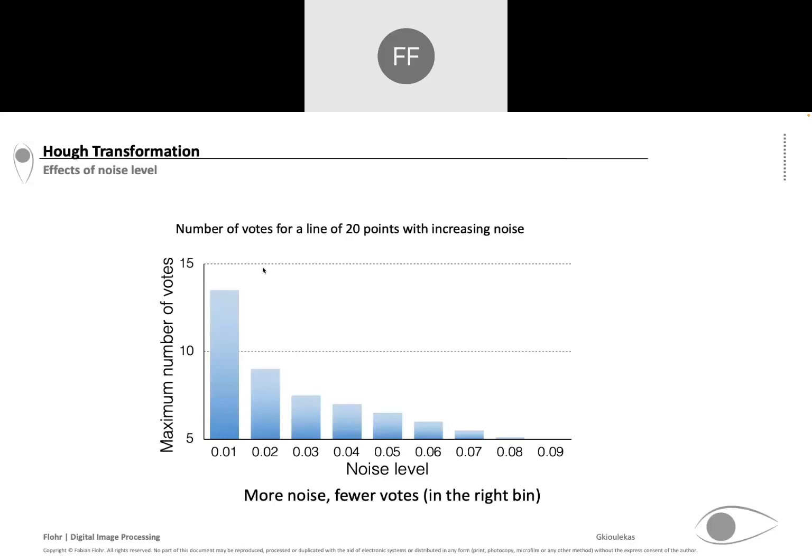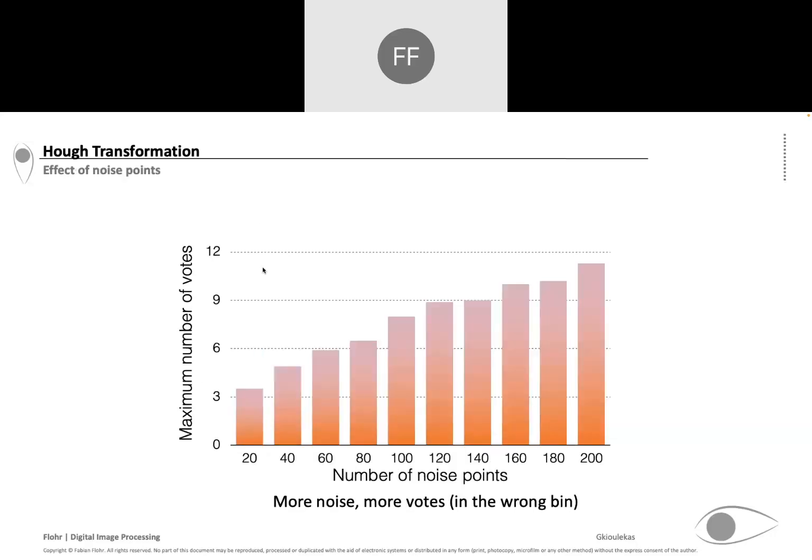So the noise is a problem, and there you can also draw some statistics or do some experiments based on your application. The more your noise level increases, the fewer votes you get in the correct cell, for sure. You have the same amount of points, but the points are more distributed in the image space, so they will not end up in the right accumulator cell. So the chance will get quite low at a particular noise level.